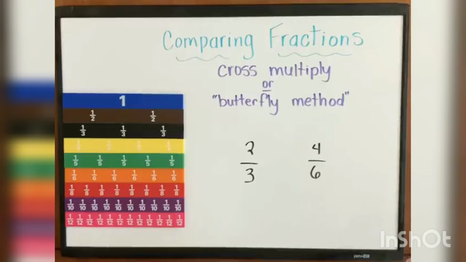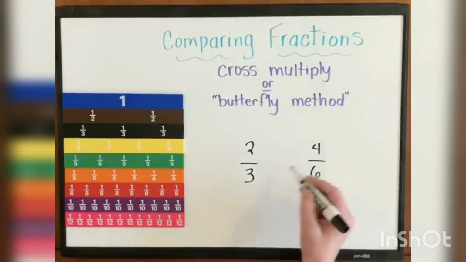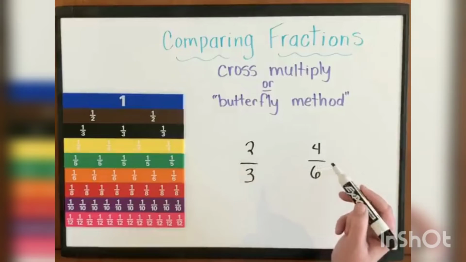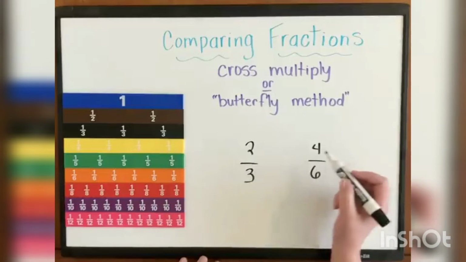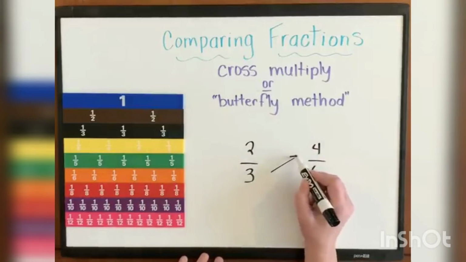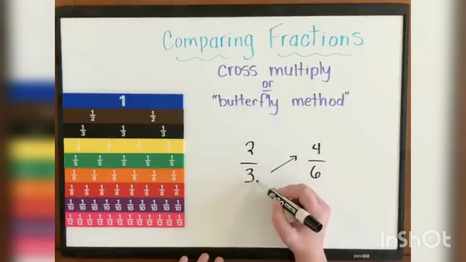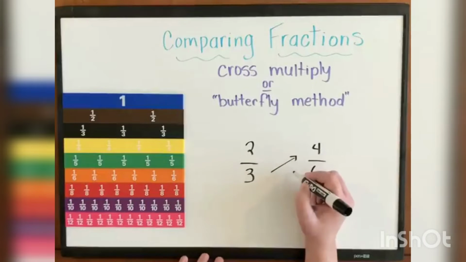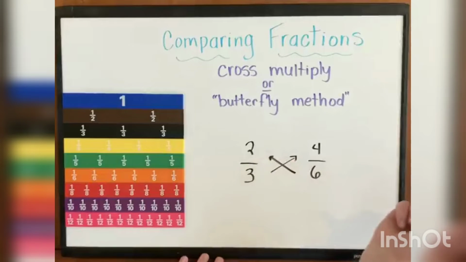Sometimes it's hard for kids to keep track of where they're cross multiplying, so one way to do that is to circle your numbers that you're multiplying. Cross multiply means just this: you are multiplying this bottom number to this top number, and then this bottom number to this top number.